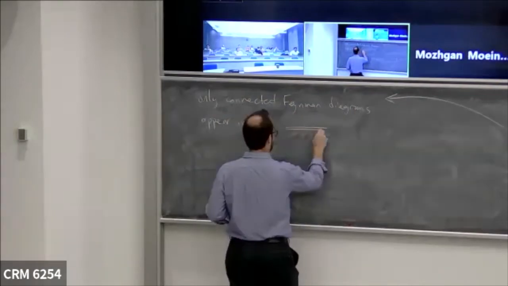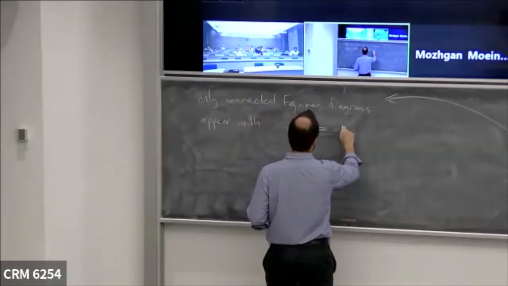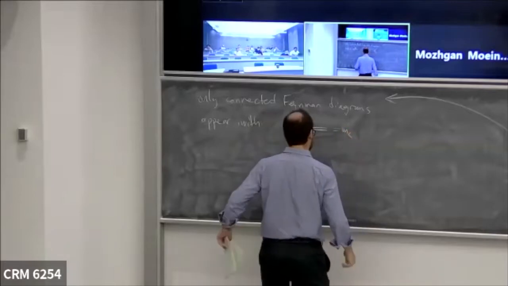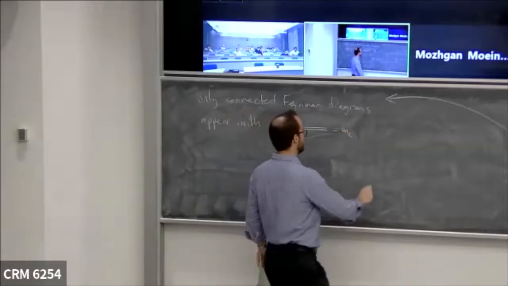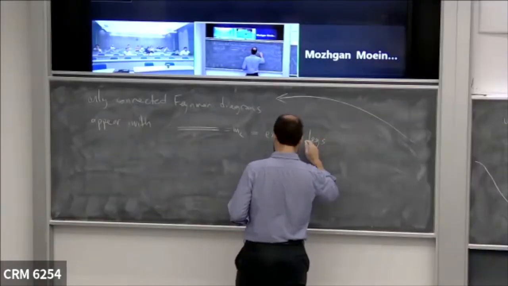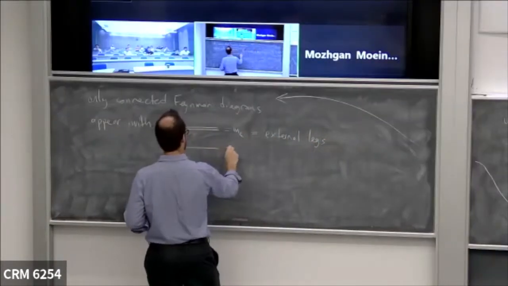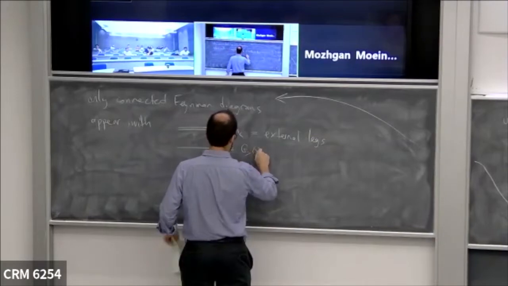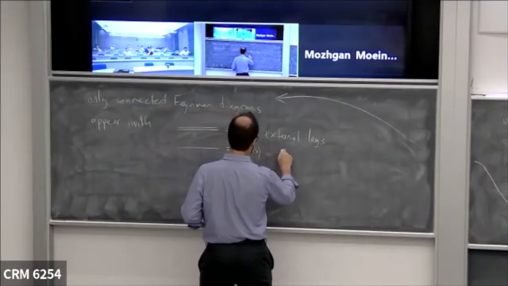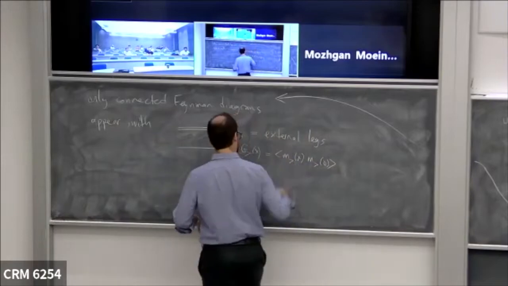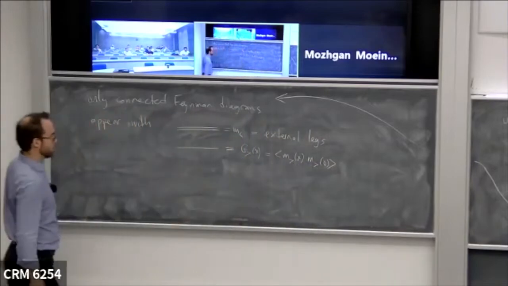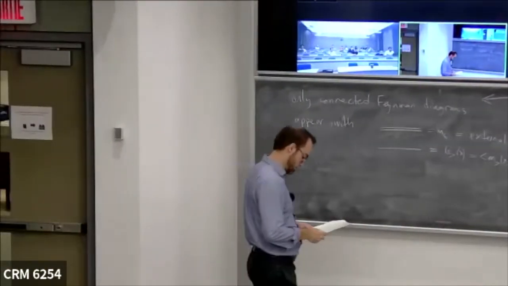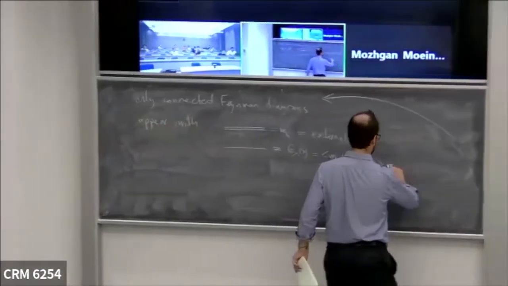There are external legs that correspond to the slow field terms, and then single lines that denote fast field propagators. You can think you're integrating out fast fields and mediating interactions between the slow fields. So these are internal lines.